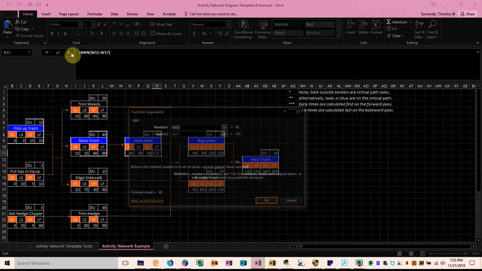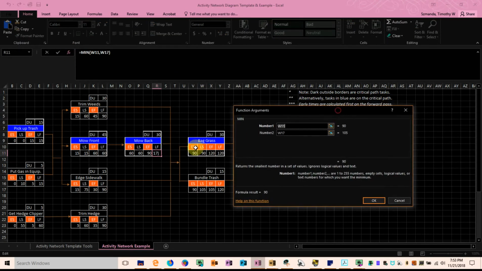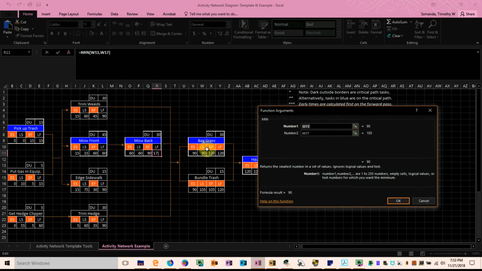And I'll pull up our little dialog box here. Alright, so we're trying to calculate the latest finish, and to do that we need to look at the two succeeding activities. In this case we're going to take the minimum of the latest start times between bagging the grass and bundling the trash.